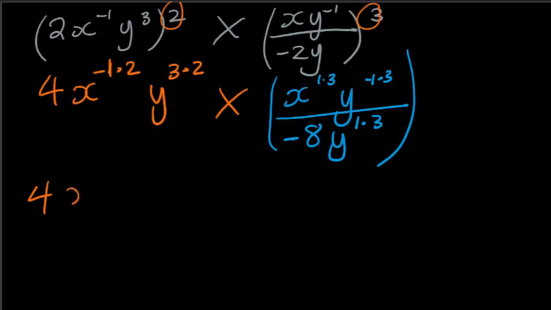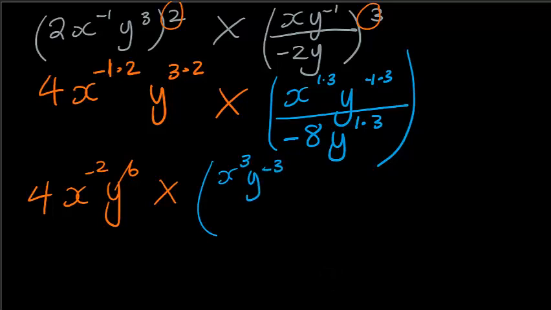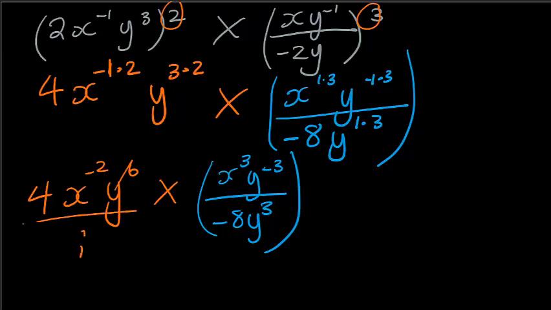That's what we got. Let's simplify. I've got 4 x minus 2 y 6 times x 3 y minus 3 over minus 8 y 3. Close the bracket there. So this one is technically over 1. So now we can simplify.